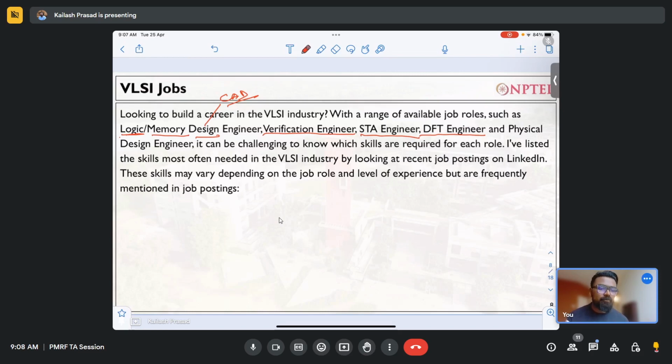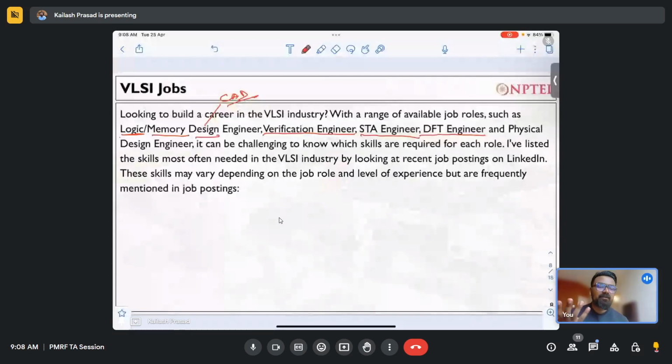A couple of my students are working as DFT engineers at NVIDIA and Qualcomm. This is one of the highest paid jobs in the VLSI domain. As a BTech, you can get a base amount of maybe 16 lakhs, and a CTC of 35 lakhs.